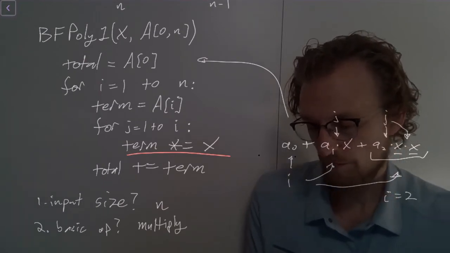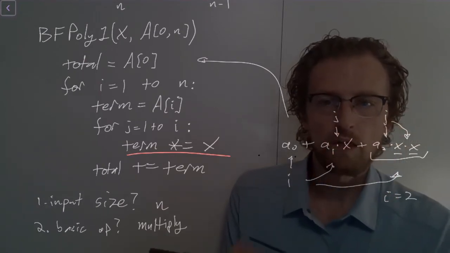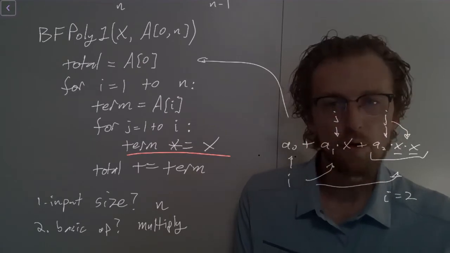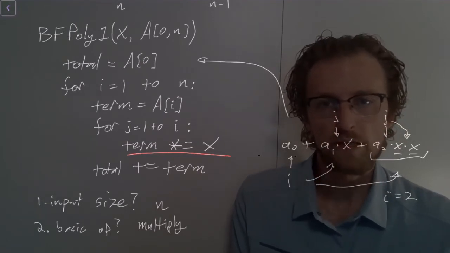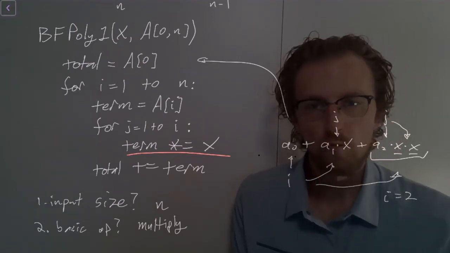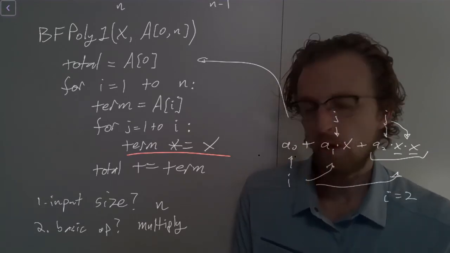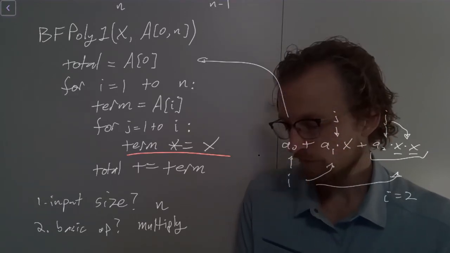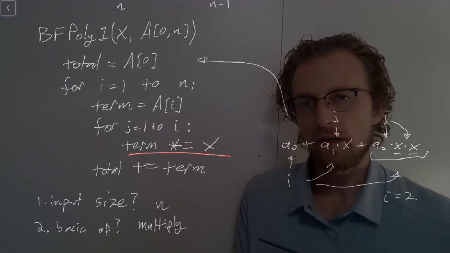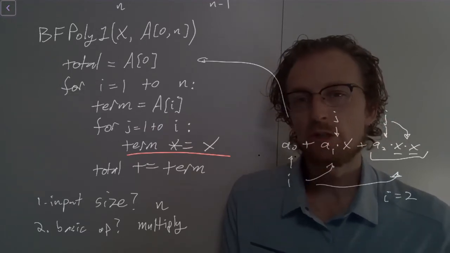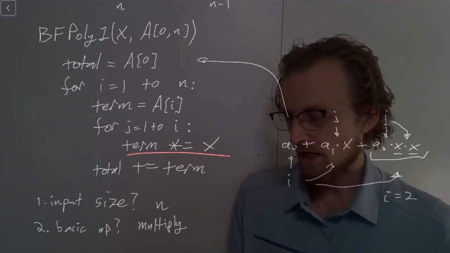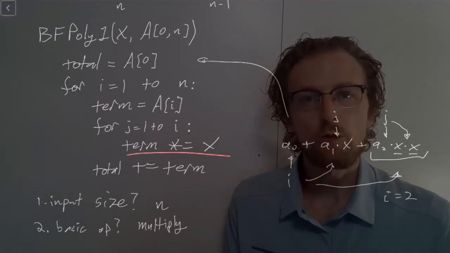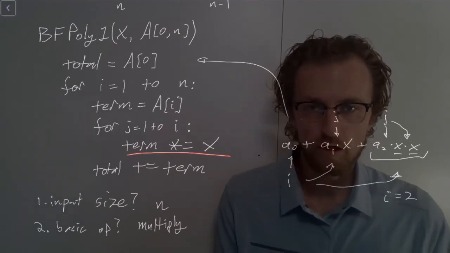So what we'll literally be asking is how many multiplications are performed by this algorithm when we give it a polynomial of degree n. So literally what we're asking here isn't so much an input size question. It is how many multiplications to evaluate a polynomial of degree n.